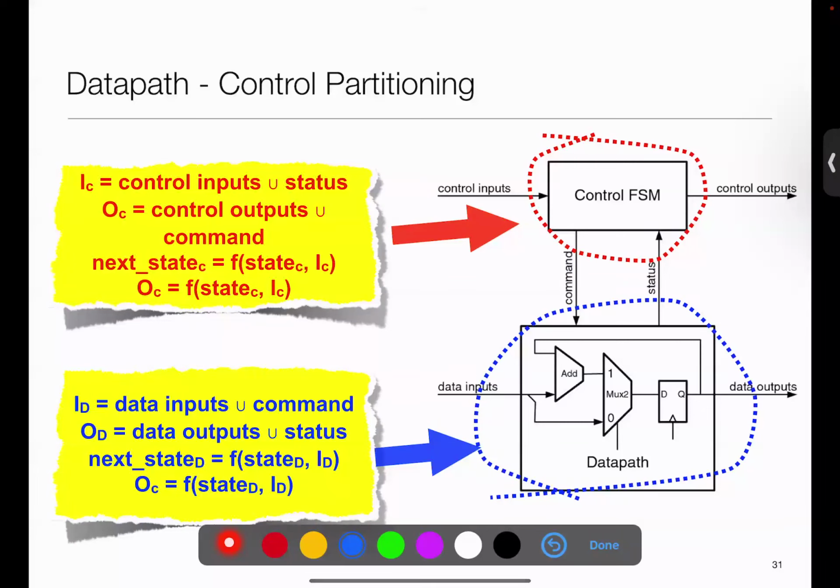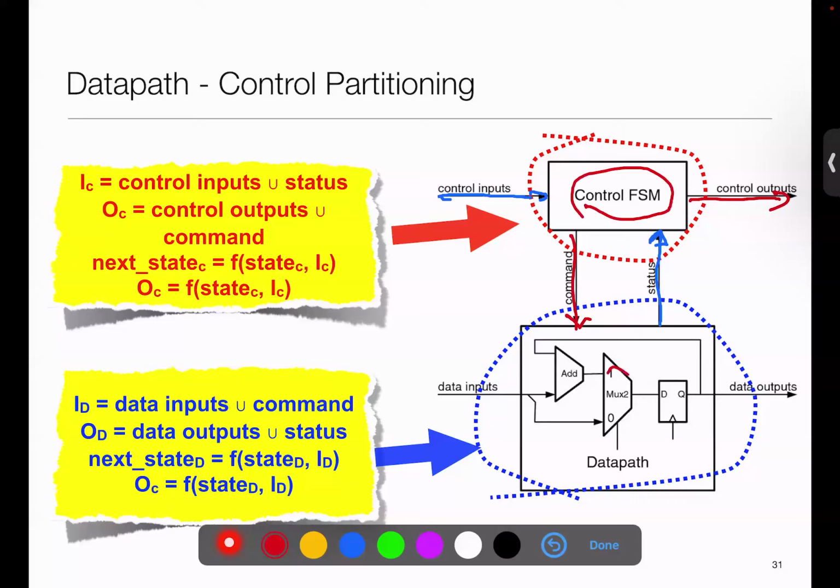So if I look at this control FSM, it really has 2 types of inputs. It has inputs coming from outside, and it has inputs coming from the data path. And it has 2 types of outputs. It has outputs going to the outside and outputs going to the data path. So if I were to think of how I am designing the control FSM, I'm really designing it to consider all these inputs and outputs.